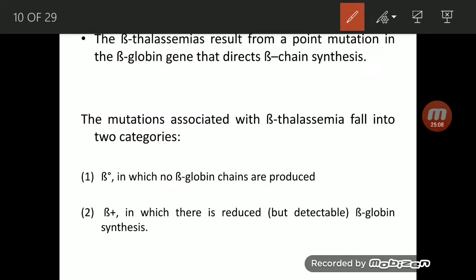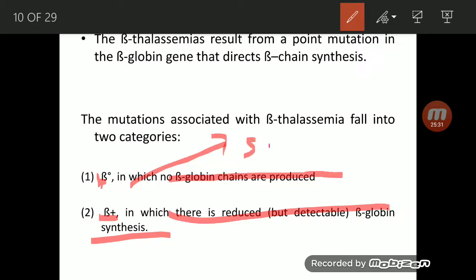The mutation associated with beta thalassemia falls in two categories, that is B0, in which no beta globin chains are produced, and B plus, where there is reduced but detectable globin synthesis. Okay, so this is more severe form of your mutation, beta not or B0, because no globin chains are produced, whereas your B plus, they are your mild form of your beta thalassemia.